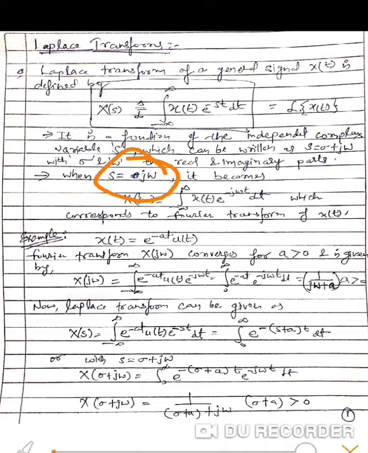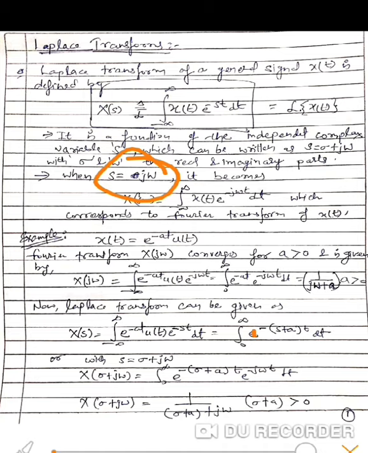We have x(t) equal to e raised to power minus at into u(t), where u(t) is a continuous time unit step signal, and e raised to power minus at, in which a is greater than 0. That means e raised to power minus at is a decaying function of time.